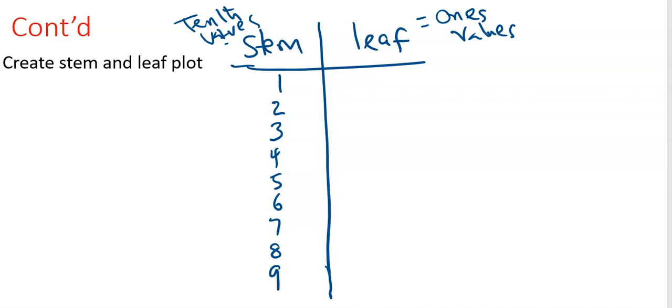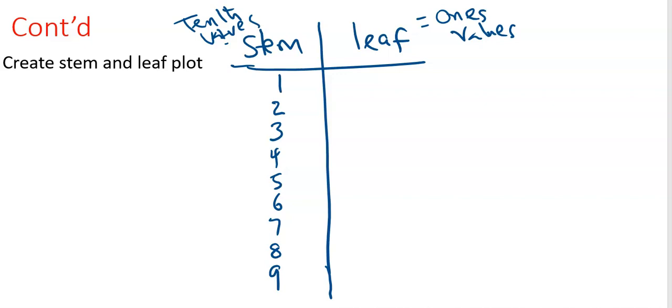When you write these numbers from the smallest value to the largest value, you cannot skip any, no matter whether you have data in that stem. You have to write them all from the smallest to the largest.